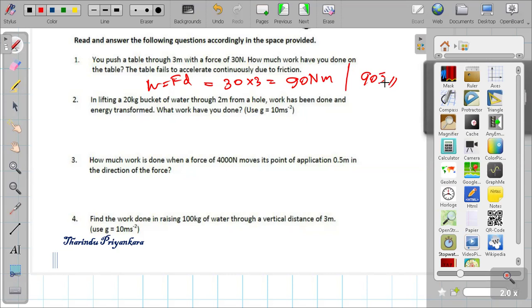Number 2, in lifting a 20 kilogram bucket of water through 2 meters from a hole, work has been done, energy transformed. What work have you done?